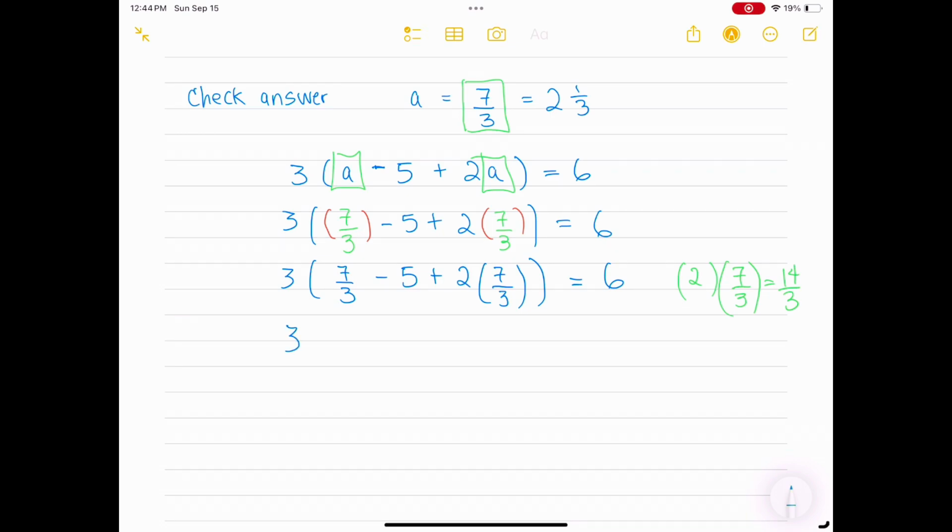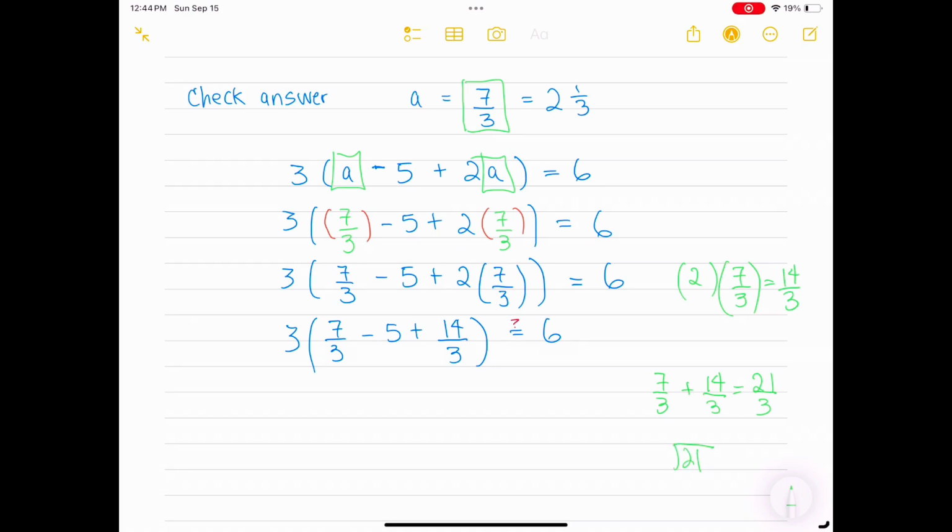Now I can gather the fractions within the parenthesis by adding 7/3 plus 14/3 before I continue the problem. So 7/3 plus 14/3 equals 21/3. 21/3 equals 21 divided by 3, which equals 7.